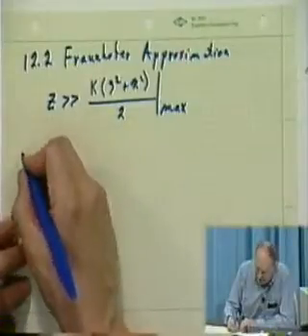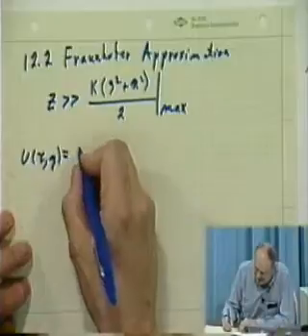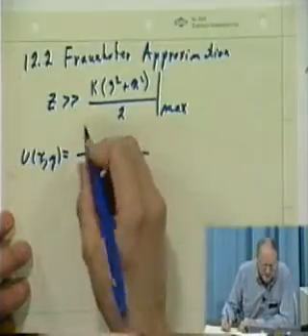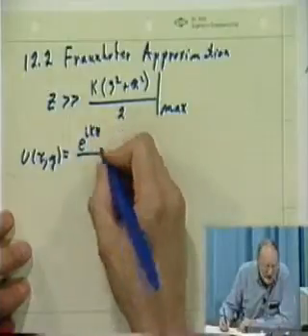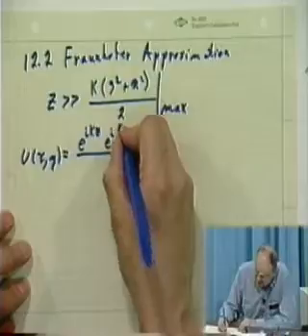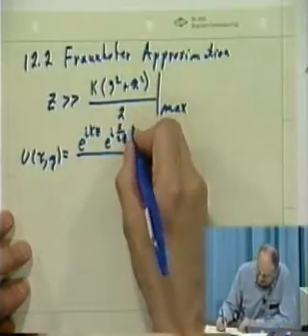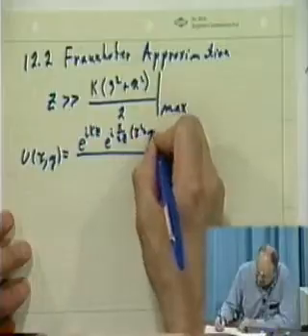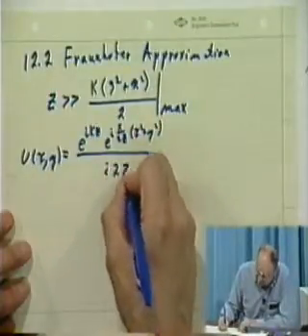That u of x and y is, well, I'll keep these terms out in front: e to the i k z, e to the i k over 2z, x squared plus y squared, over i lambda z.